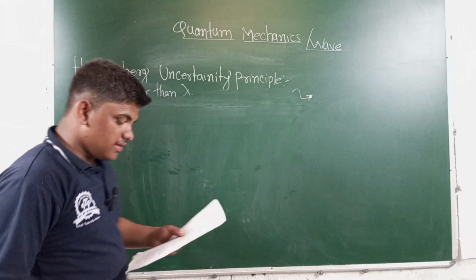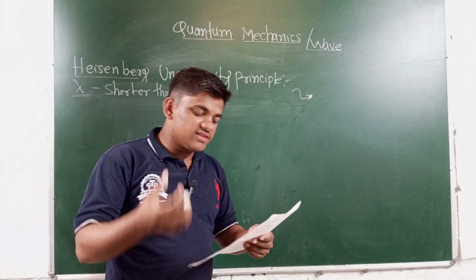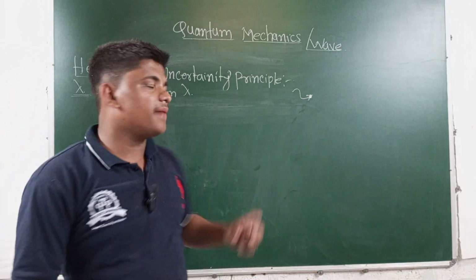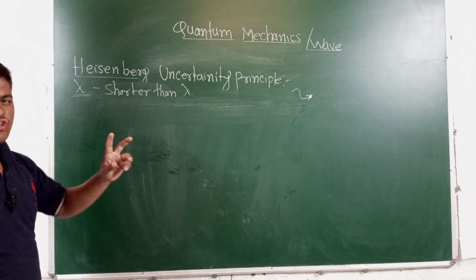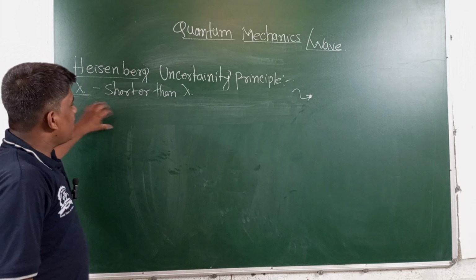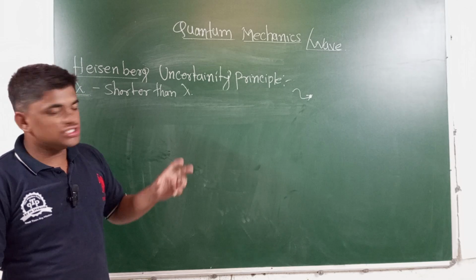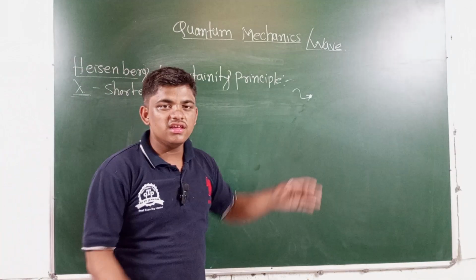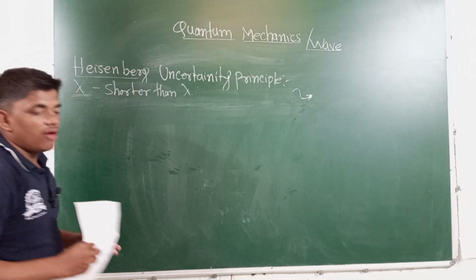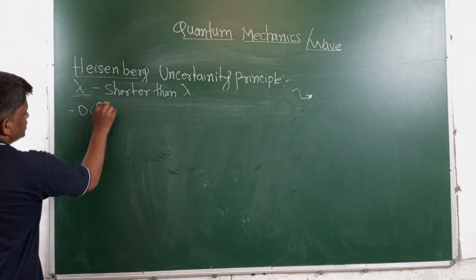Then if the light has the wavelength lambda, we cannot be expected to determine the position or distance of that particle when the difference between the microscope and the position of that particle is shorter than lambda. Why? Because the main property of that light is diffraction.